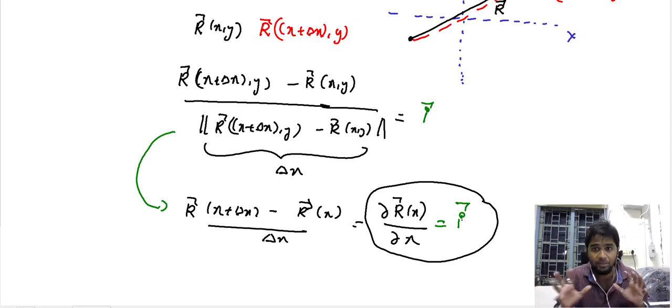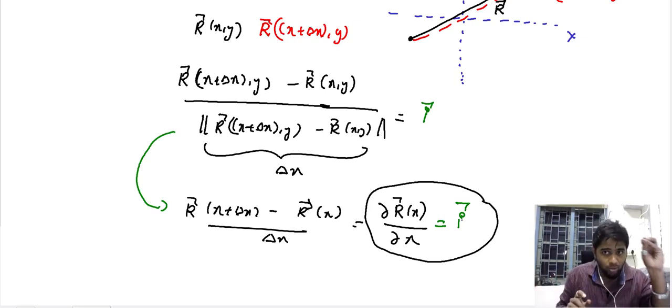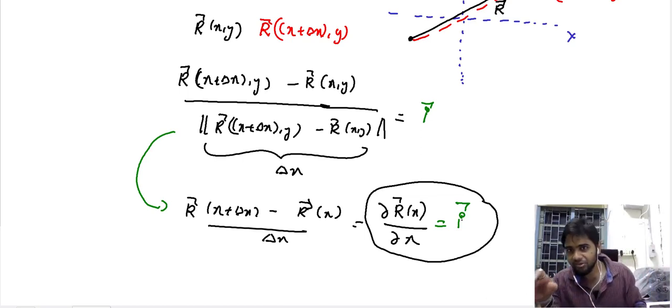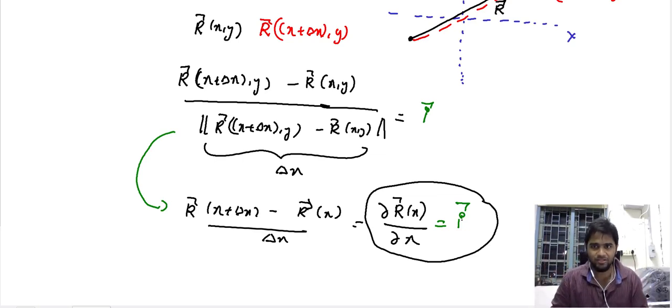I hope you are able to see the relevance between the entities of the Jacobian and how these entities relate to the individual unit vectors of a coordinate system. The r vector we used to describe a point occurs in the context of the Cartesian coordinate system, and therefore we have the variables x and y.